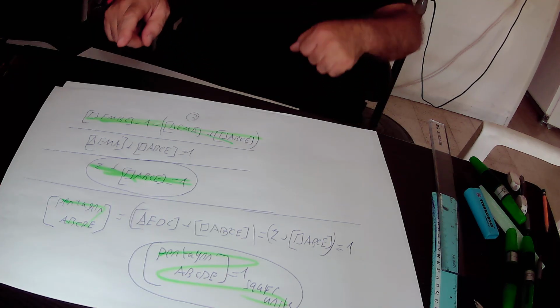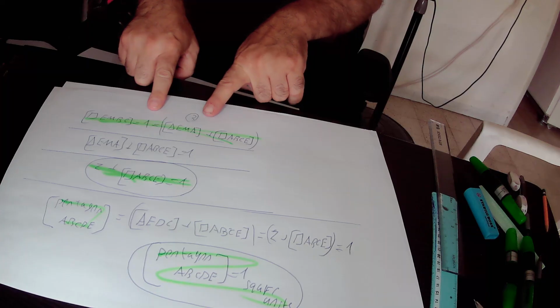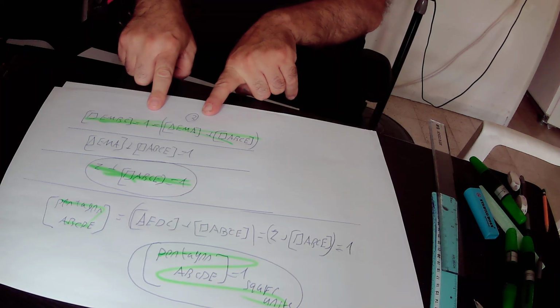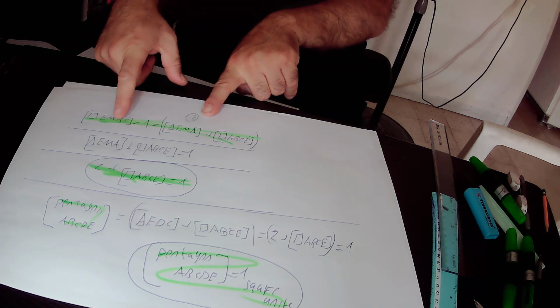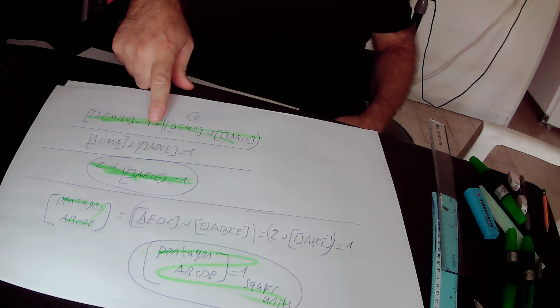So from this equation, we derive that the area of triangle EAM plus the area of quadrangle ABCE equals 1.